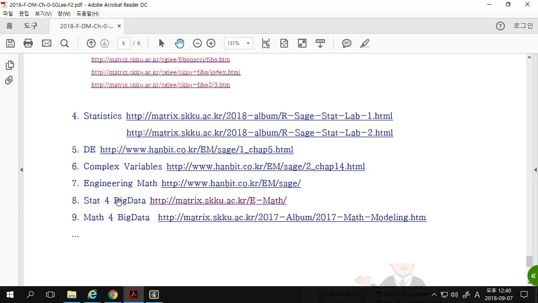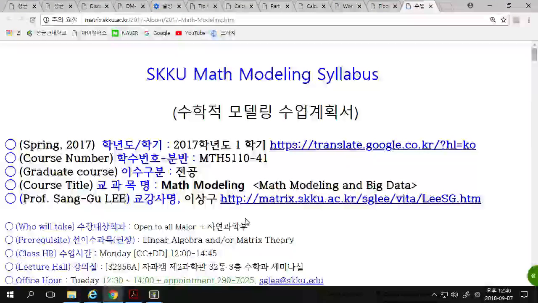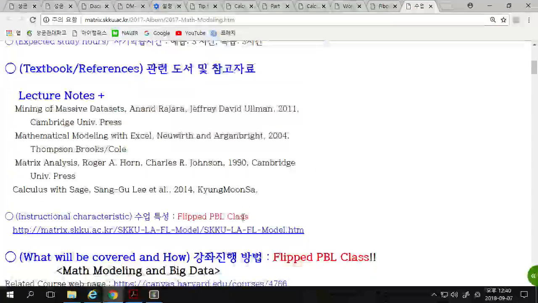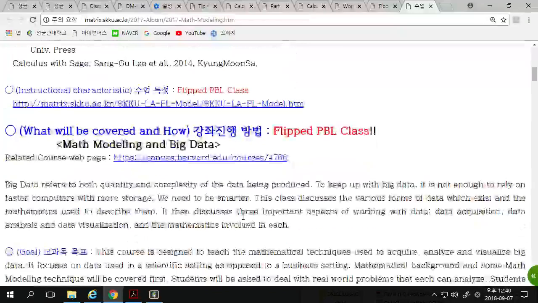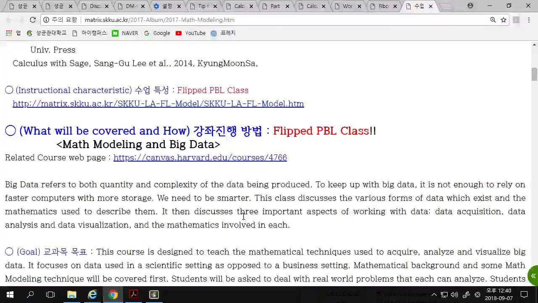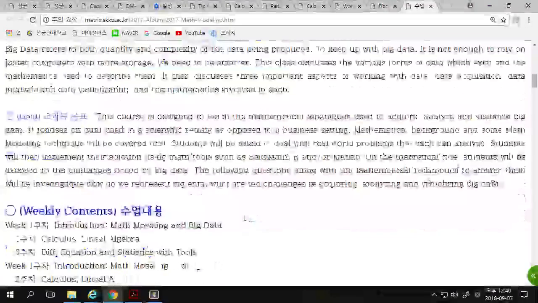And some statistical and mathematical knowledge for big data, where society now needs data scientists.